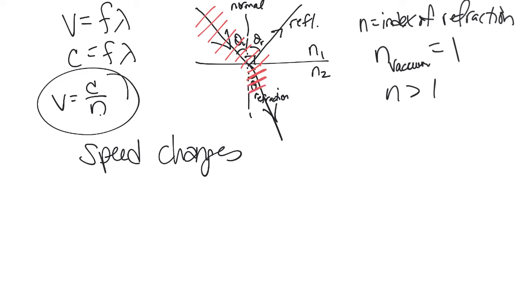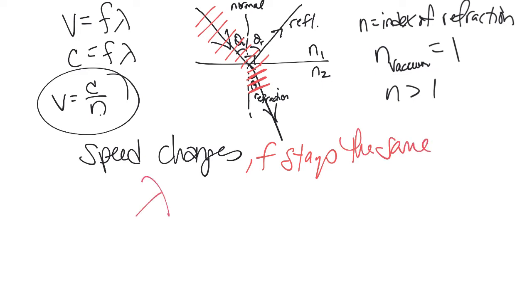The wave fronts are always perpendicular to the rays. You'll see that analogy mentioned a lot when you start looking at refraction. Anyway, the speed changes, the frequency stays the same, and so lambda changes the same way that v does.